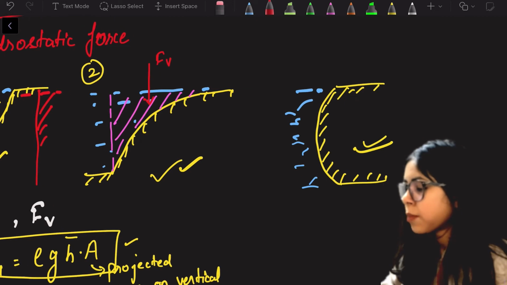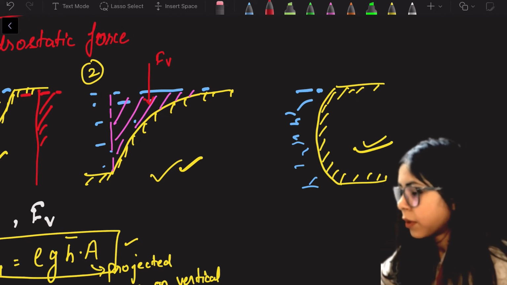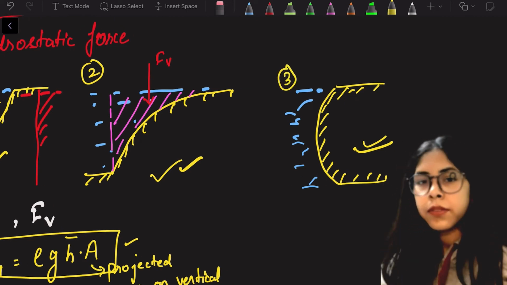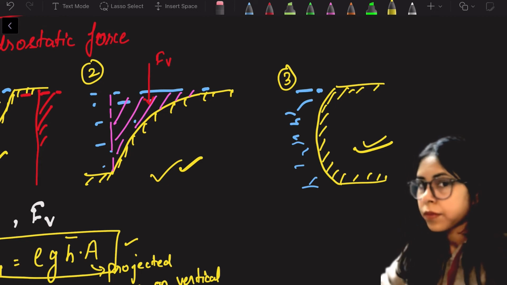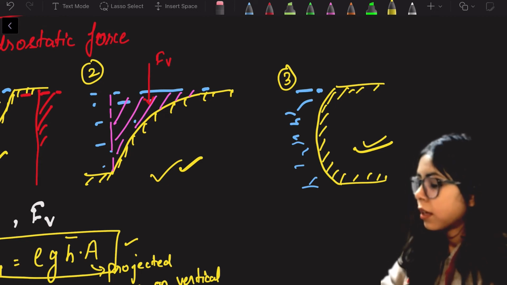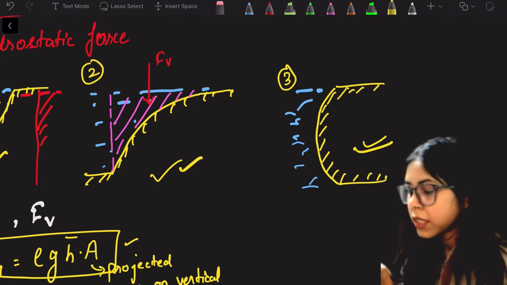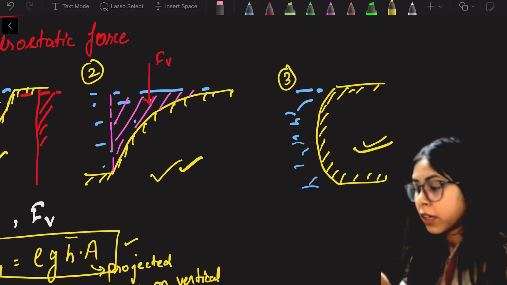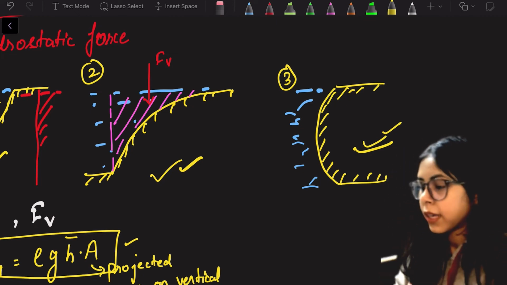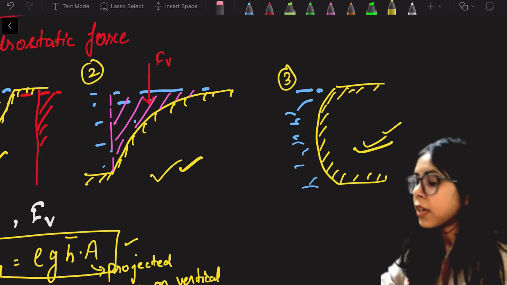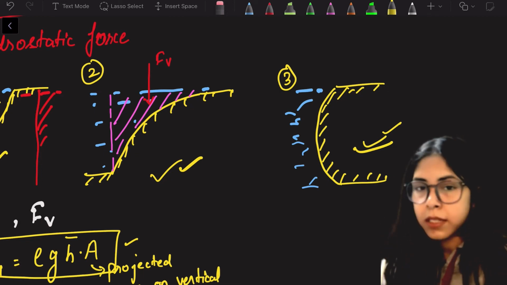Now for this type of cases, case number 3, here we don't see any weight of water supported by the body, but here we particularly see how much water is displaced by the body.